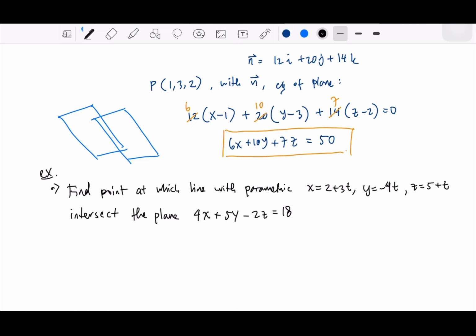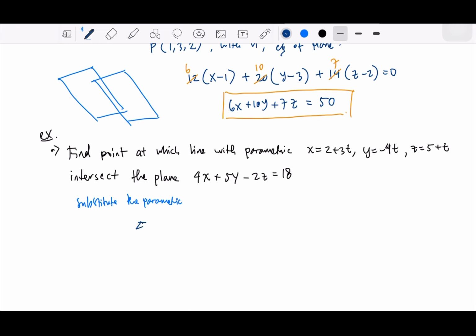Okay, so first we substitute the parameter. So for x: two plus 3t plus 5. Oh, minus, sorry. Okay, we simplify this.